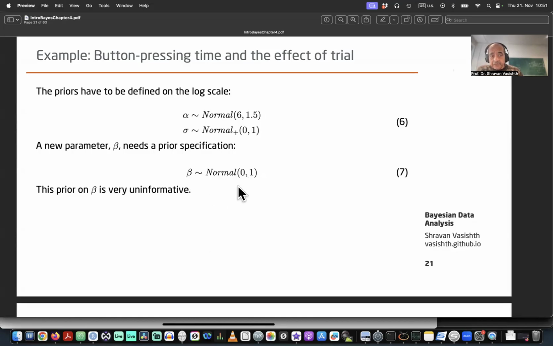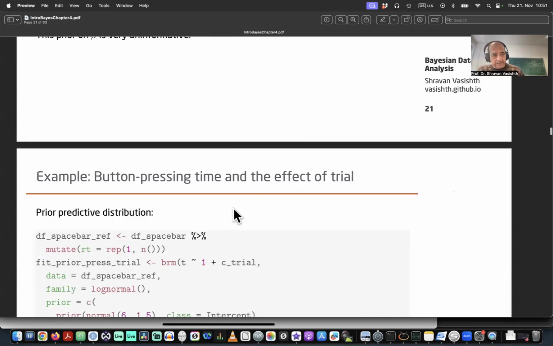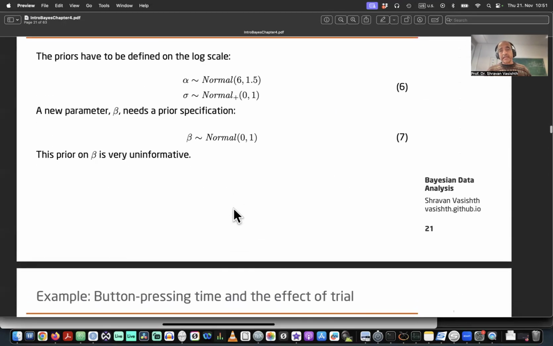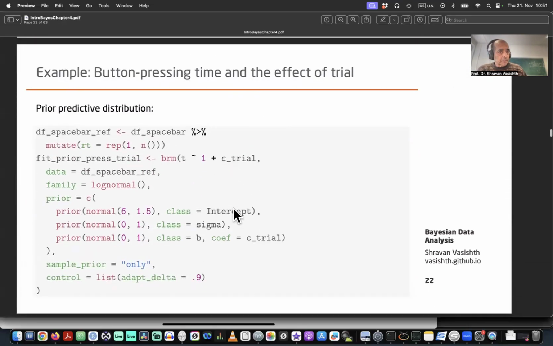This is very uninformative because if you try to generate data from the log normal likelihood with these priors, you will find that there will be a dramatic amount of variation. So let's take a look at what happens when we assume such an uninformative prior, and how to evaluate the consequences of such a prior specification.